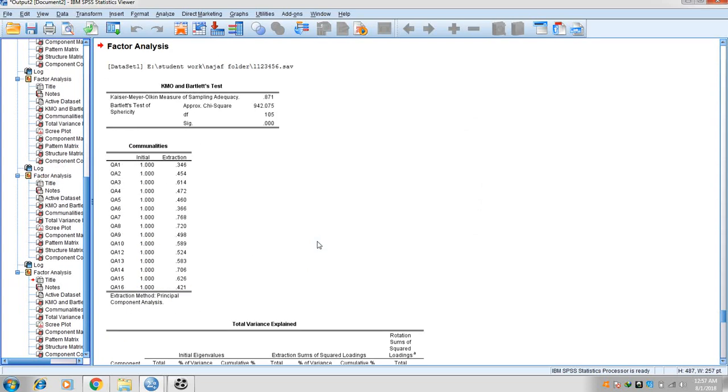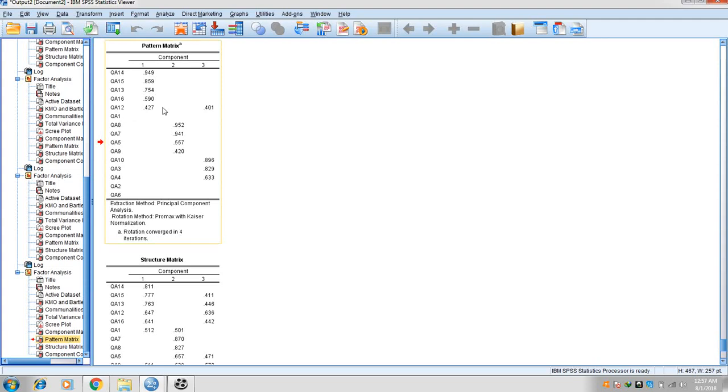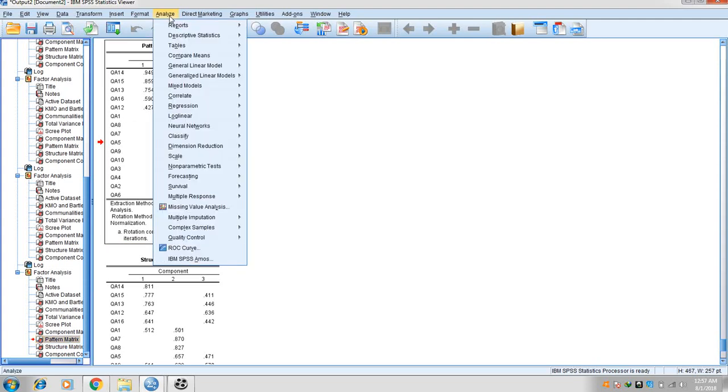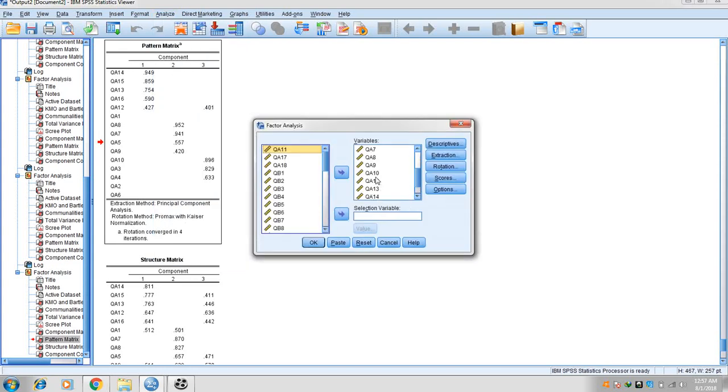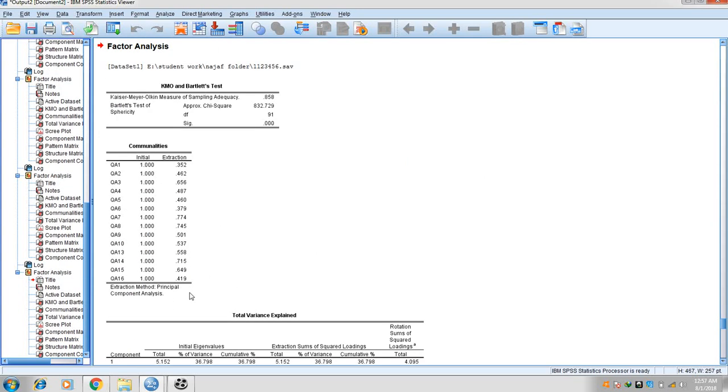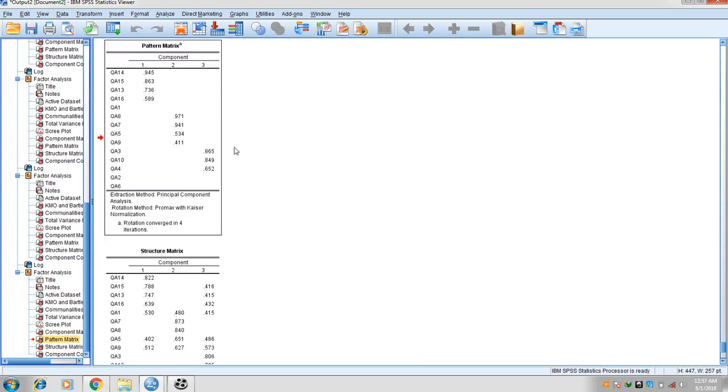And again run the factor analysis until you get the best solution for your factor analysis. Here again 12 is problematic, so we have to delete this 12. And again run. You can see that there is no cross loading in this dataset in the pattern matrix.